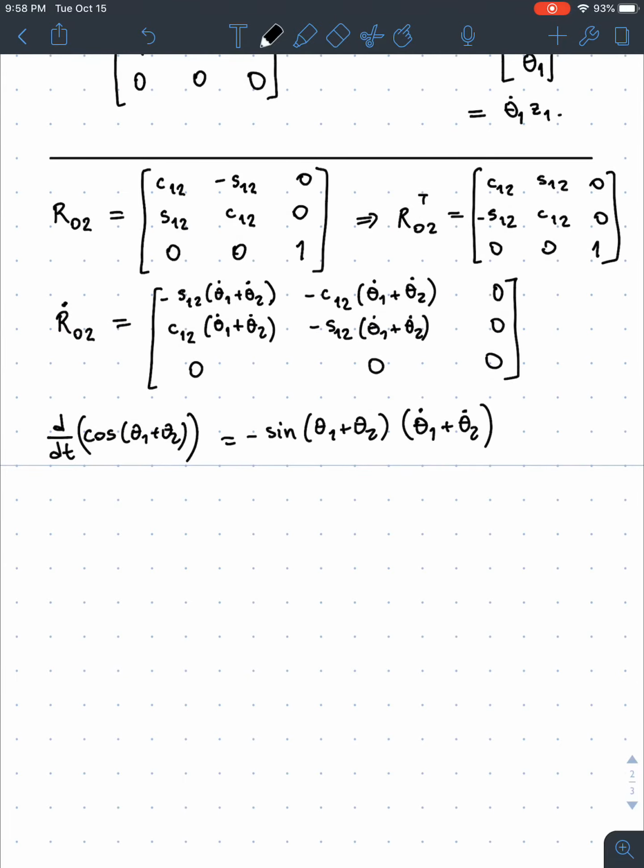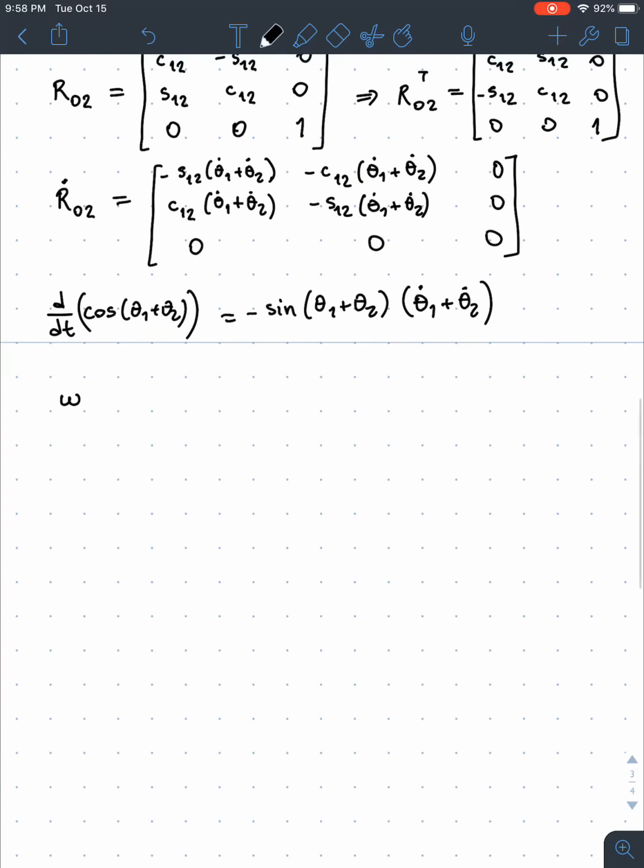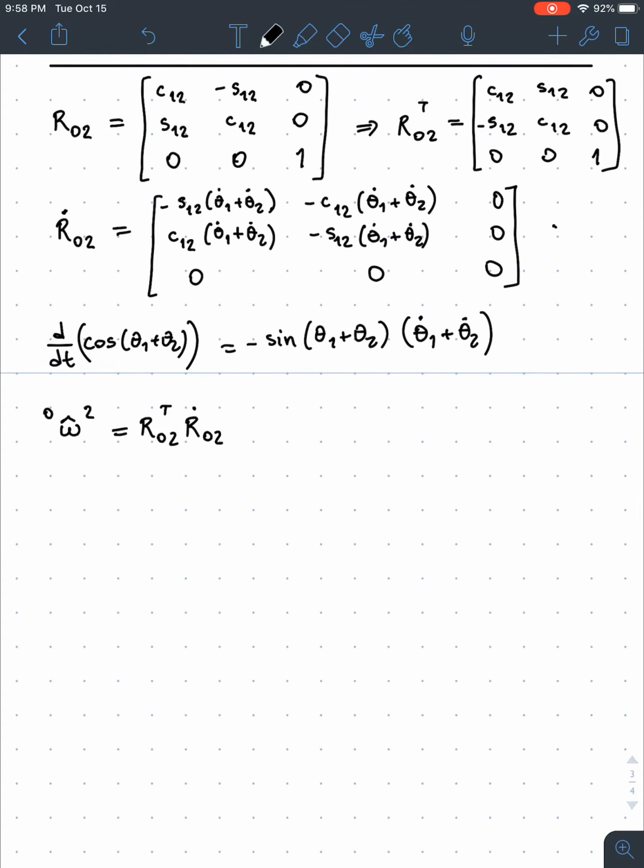Okay, so now let us use the formula again. The skew symmetric matrix that corresponds to the angular velocity of 2 in 0, right? By definition, this is equal to R02 transpose times R02 dot, and I've just computed those over here, so I'm just going to plug them in.